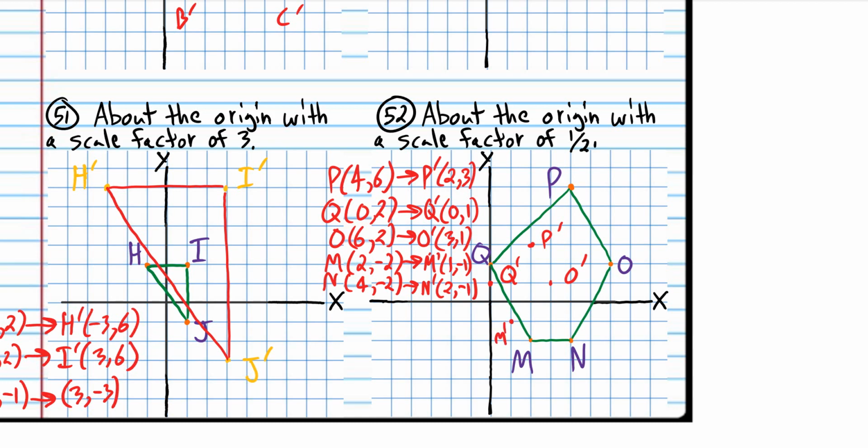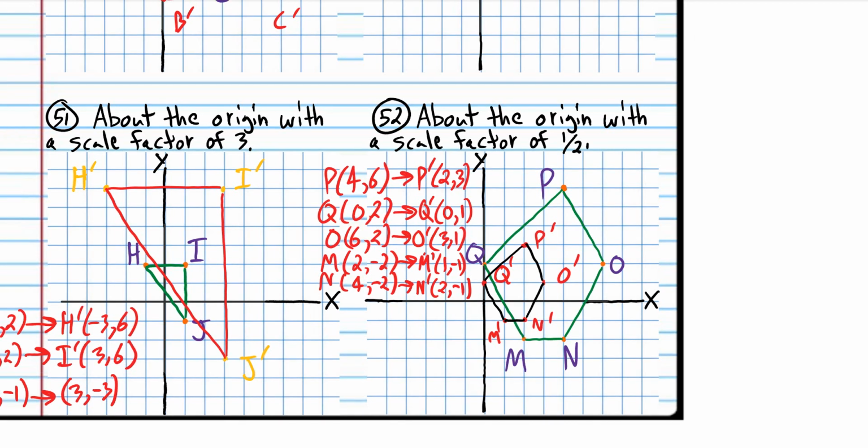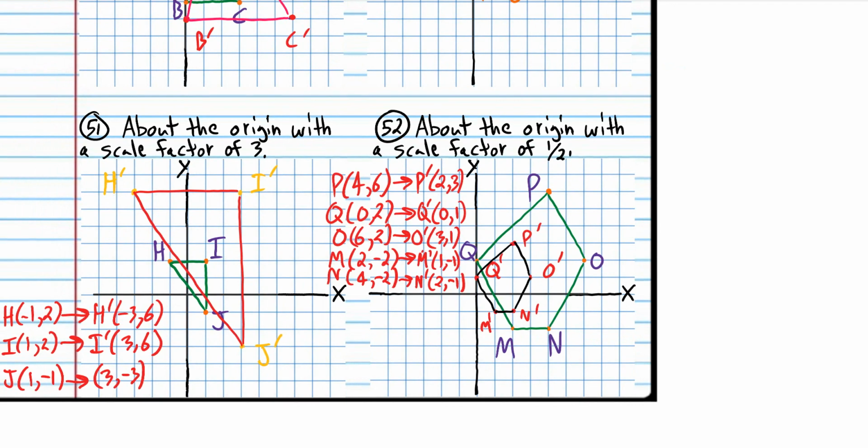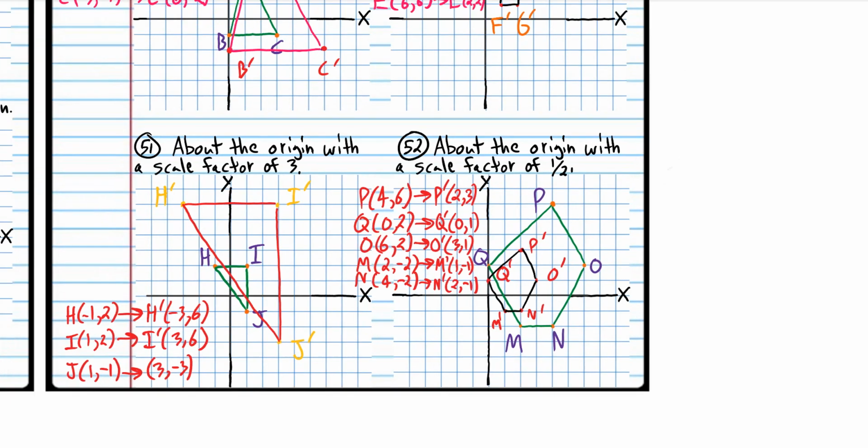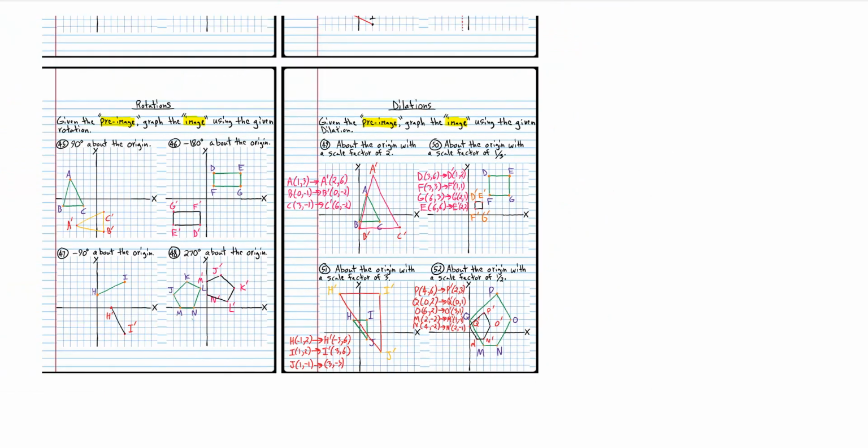And 2, -1. That's N prime. So now we can connect the dots. And it should look something like our original shape, except it should just be smaller, and it looks like it is. So if you got that answer, good job. So that is the class today.